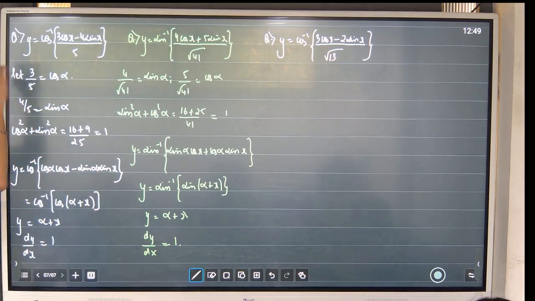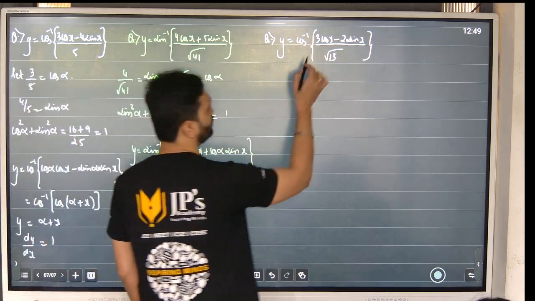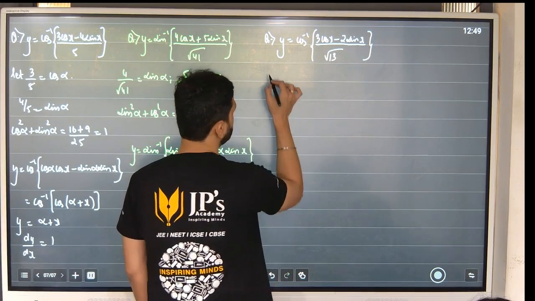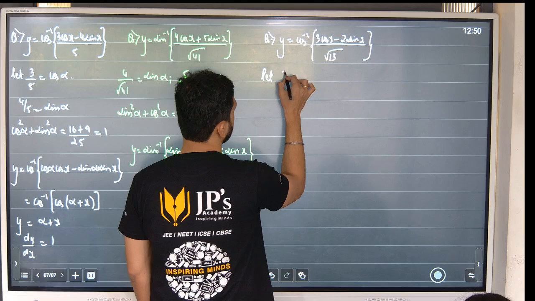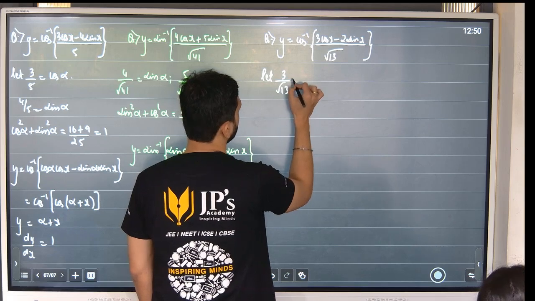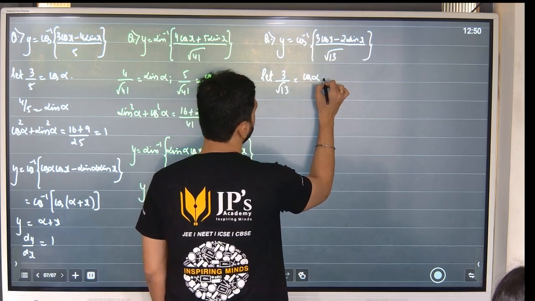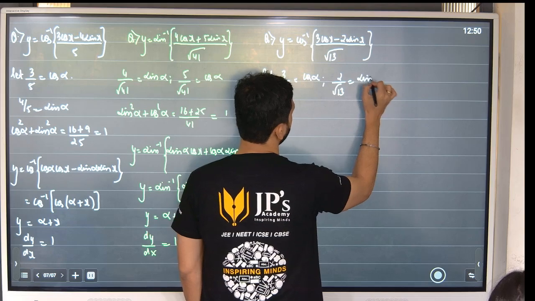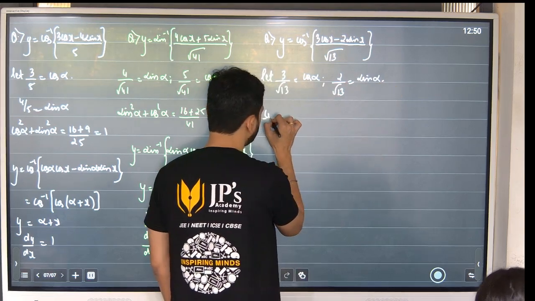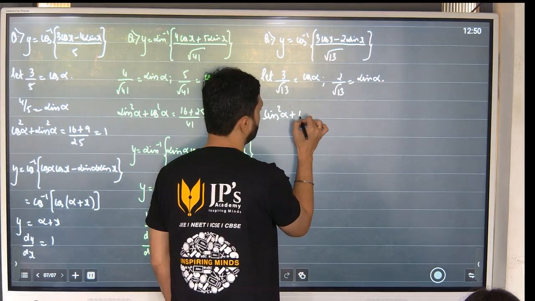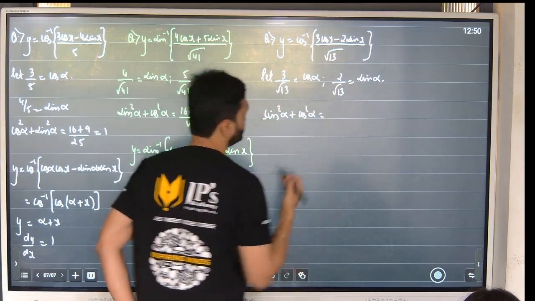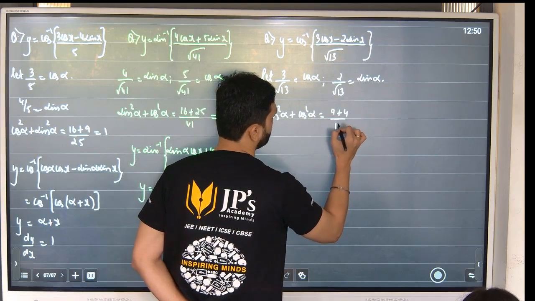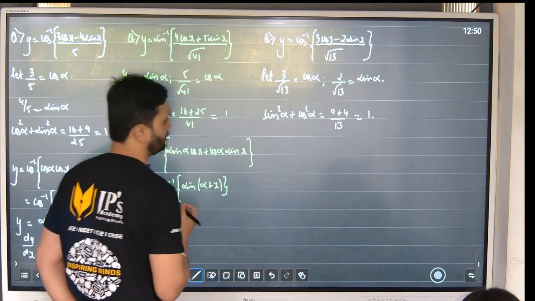And the last also, again the same method we do. I'll try to make this as the cos inverse formula. So let 3 by root 13 is equal to cos alpha, 2 by root 13 is equal to sin alpha. Then I'll have to check sin square alpha plus cos square alpha is equal to 9 plus 4 by 13, which is equal to 1.